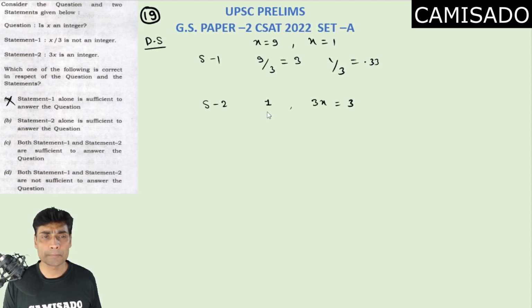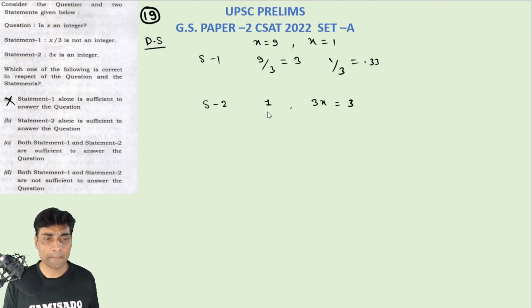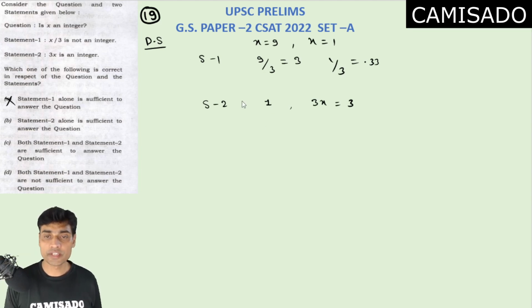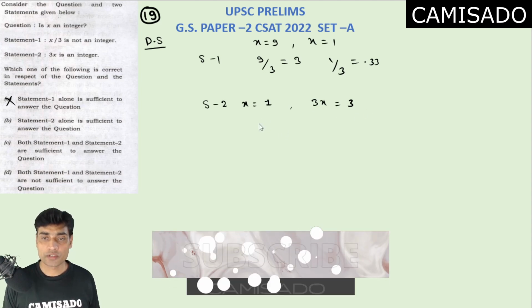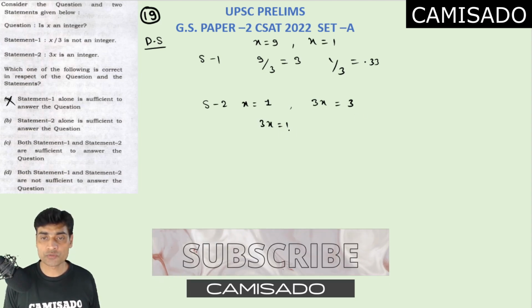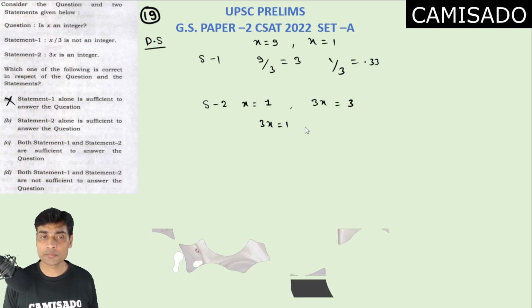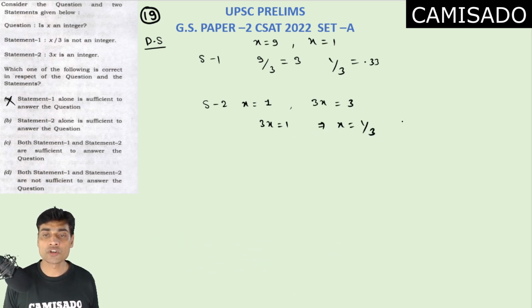So when x is an integer, 3x will always be an integer. Now suppose 3x equals 1, which is an integer, but in this case you will get x equals 1 by 3, which is not an integer. So statement 2 alone is also not sufficient.